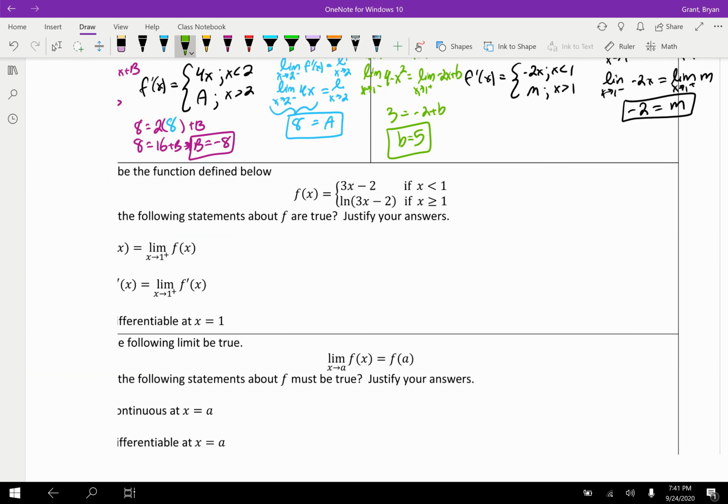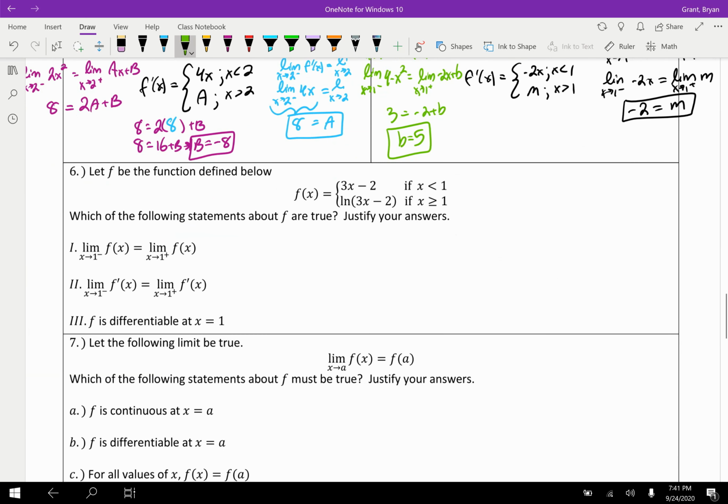Moving on down. Let the function be defined below. Which of the following statements about f are true? Justify your answers. Well, looking at these limits, and I'll work sideways for space here, the limit as x approaches 1 from the left side of f of x is the function 3x minus 2. That is a creepy looking 3, not a fan of that.